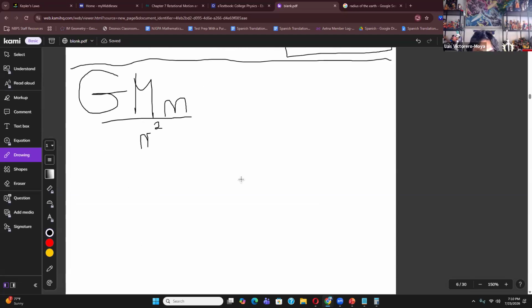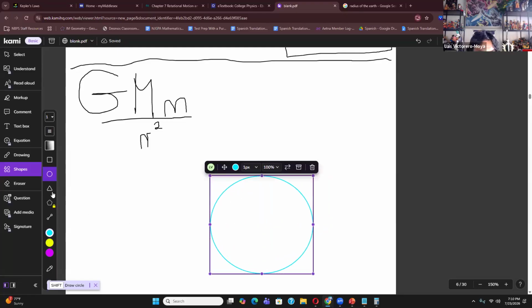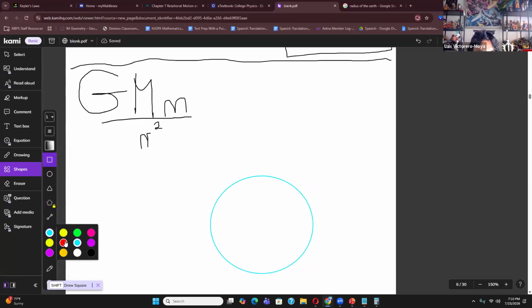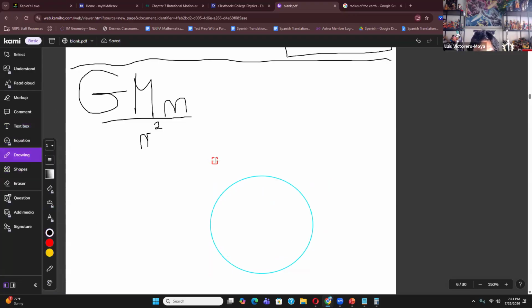If you have, for example, our planet, the Earth, and you have a satellite orbiting the Earth in a circular, semi-circular, almost circular fashion, right?